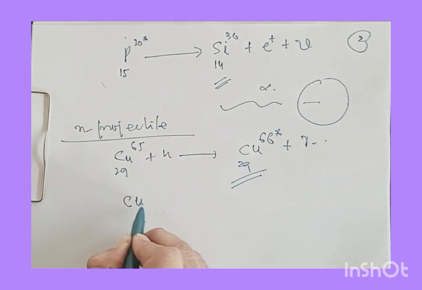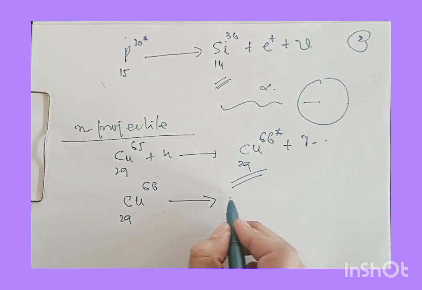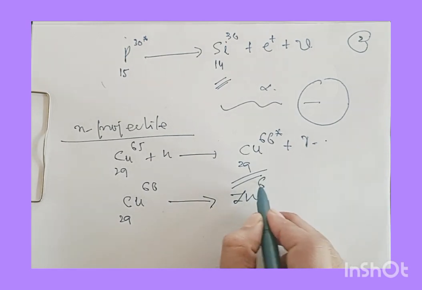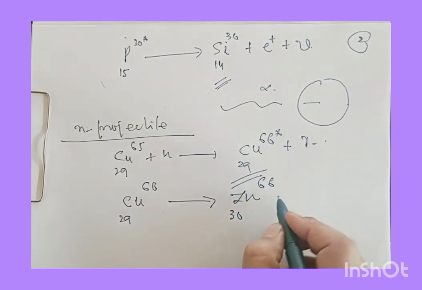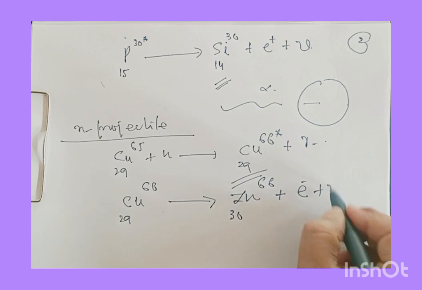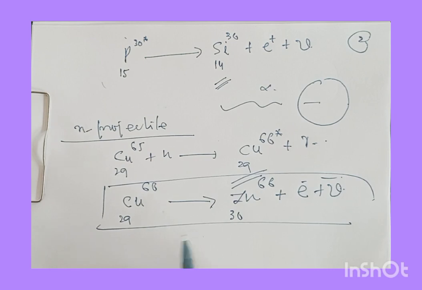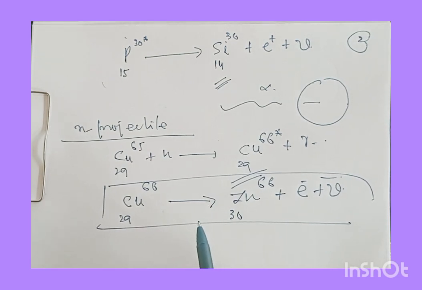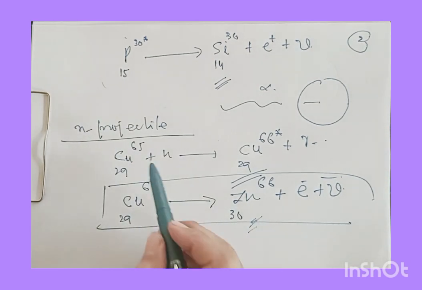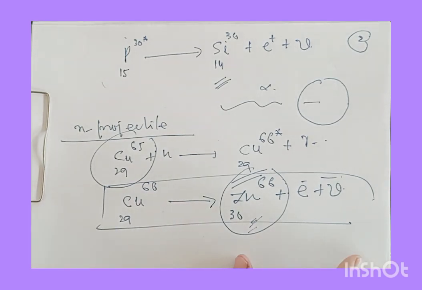So Cu 66, 29 decays and converts into zinc nucleus 66, 30, and in addition we have an electron and an antineutrino. So zinc is the end product of this reaction, hitting copper and generating zinc 66, 30 artificially.